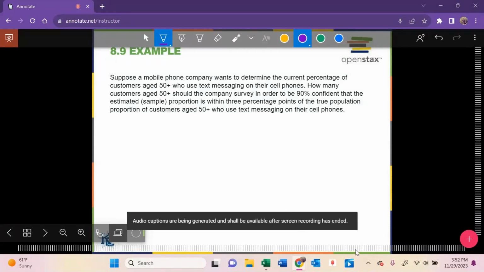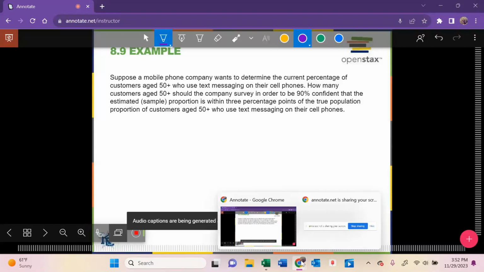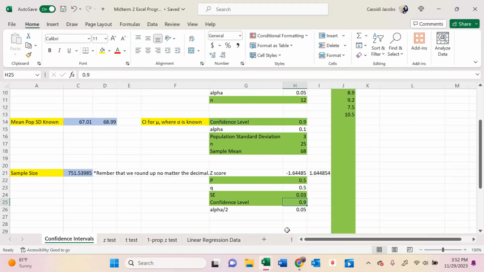Okay, so I realized that there was some kind of issue with recording. I'm going to go over that one more time as far as how to use the Excel. So you're using this sample size predictor here. If you don't have a proportion given to you to start with, you're going to use 0.5. We want to be within 3 percentage points in our confidence interval.